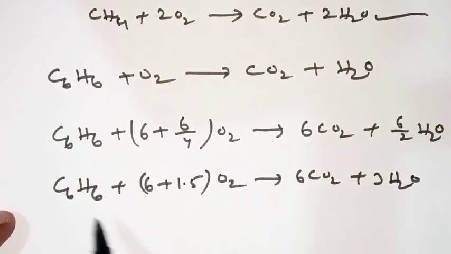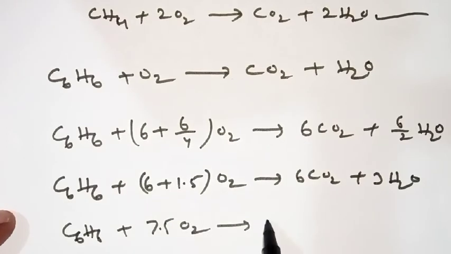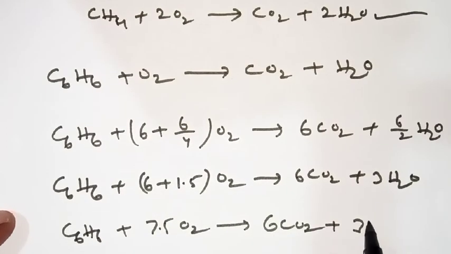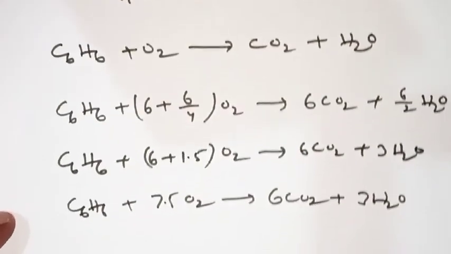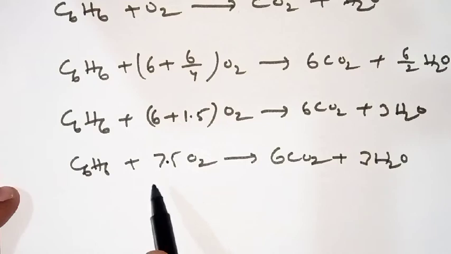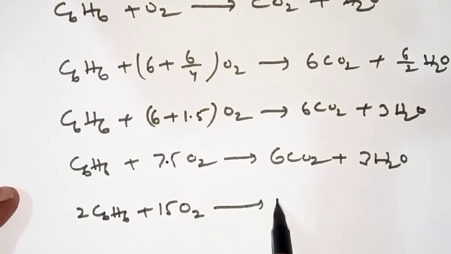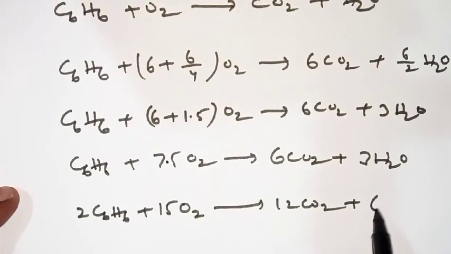Again simplify: C6H6 plus 7.5 O2 gives 6 CO2 plus 3 H2O. Is it okay? Now if you get decimal values, just multiply by 2. Then what will we get here? 2 C6H6 plus 2 into 7.5, that is 15 O2, gives 12 CO2 plus 6 H2O.